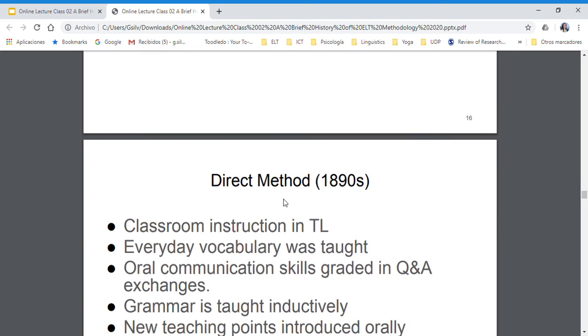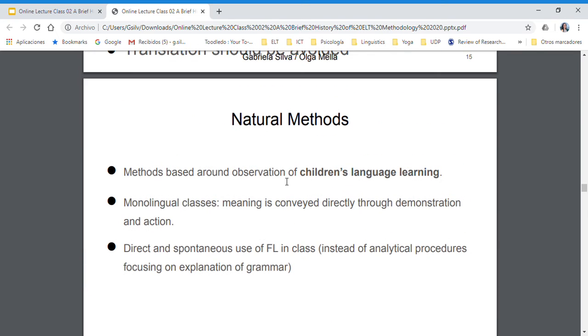Before we move on to the direct method, when we think about the principles that underlie these methods, in terms of how we learn a new language, how we learn the first language is used as a model.